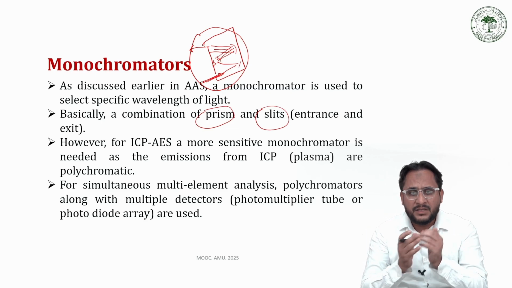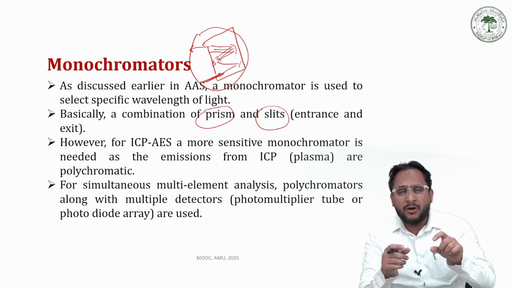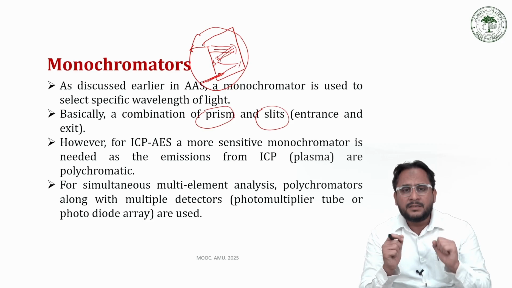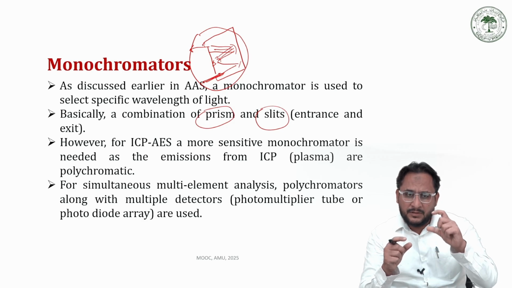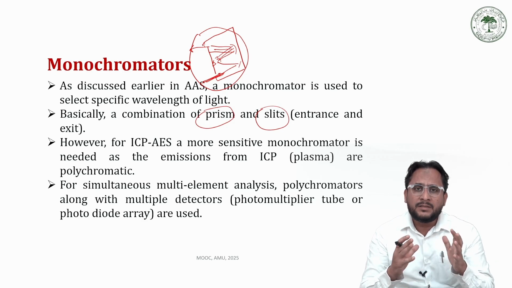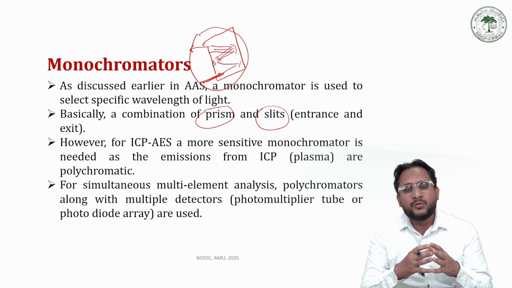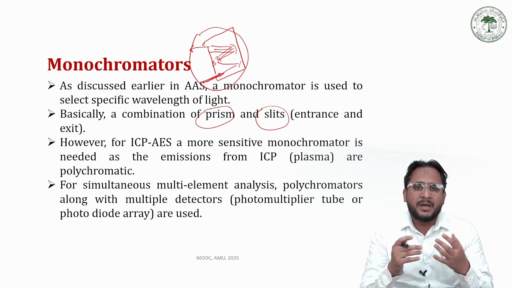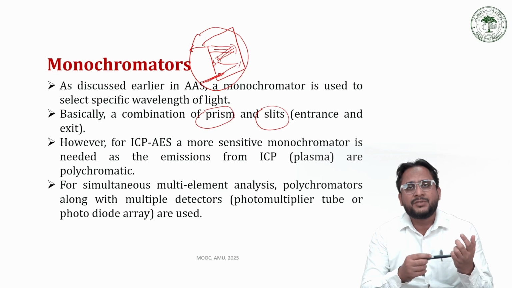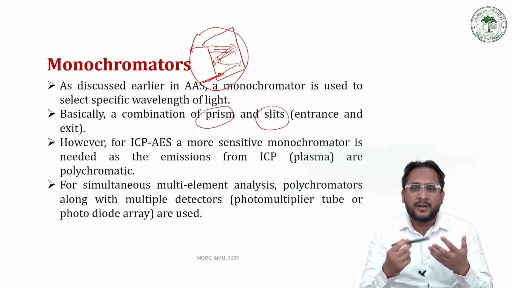Now one main point with AES is that in AES this monochromator is placed after the atomizers. I am just explaining it here because this is a small device and the purpose is limited to the selection of wavelengths only, while the atomizers, or the excitation source used in AES, have a number of functions. For example, they perform desolvation, then vaporization, then dissociation, and finally excitation.